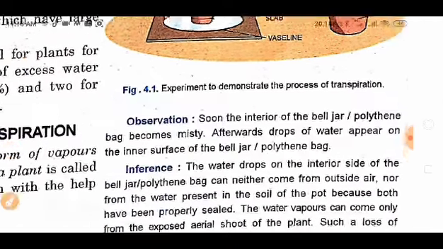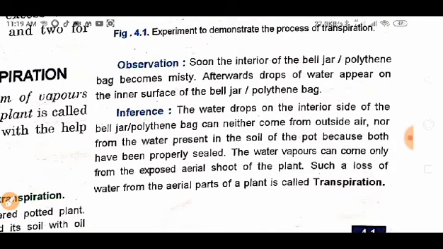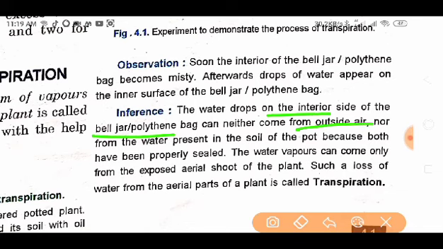Vapors. So what is the inference or conclusion of this experiment? The water drops on the interior side of the bell jar or polythene bag can neither come from outside air nor from water present in the soil of the pot, because both have been properly sealed. The water vapors can come only from the exposed aerial shoot of the plant.